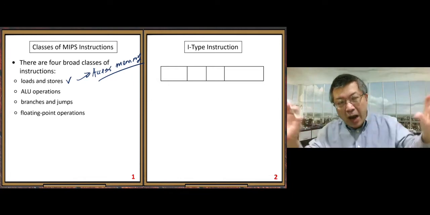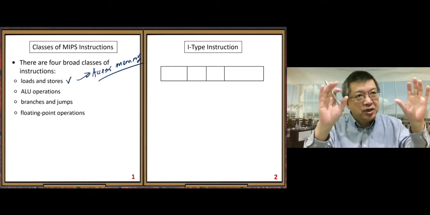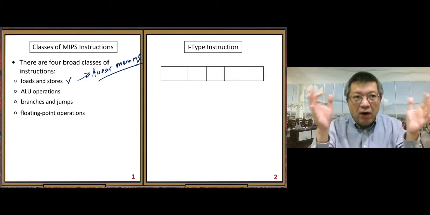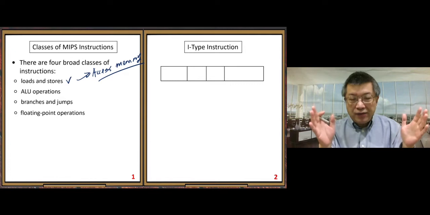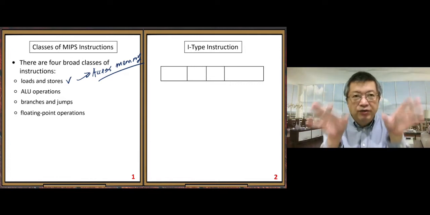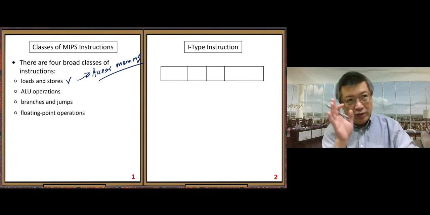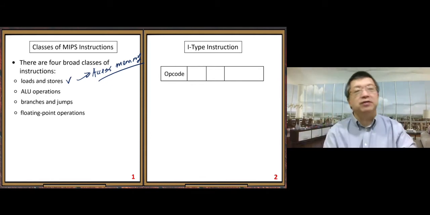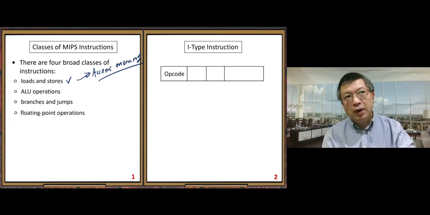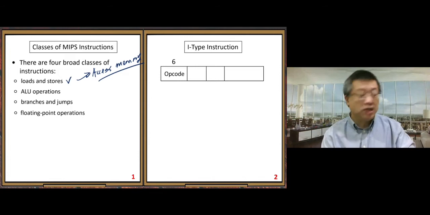When I draw this diagram, it represents the full length of one instruction: 32 bits, divided into 4 different fields. Let's look at each field. The first one is the opcode field, for the operation.